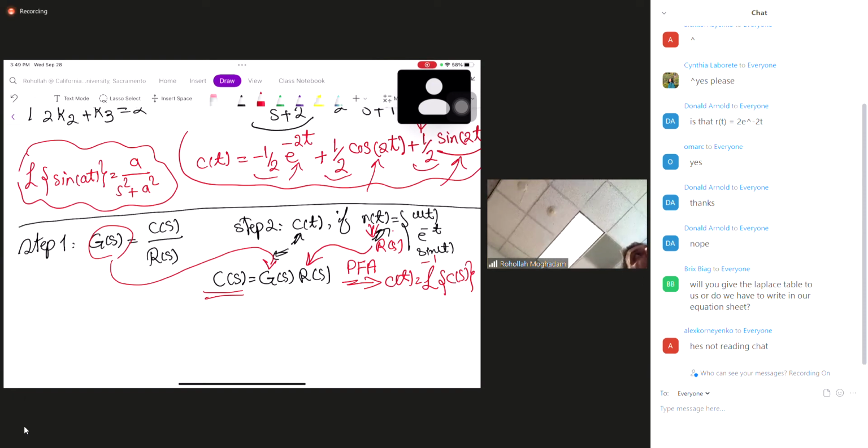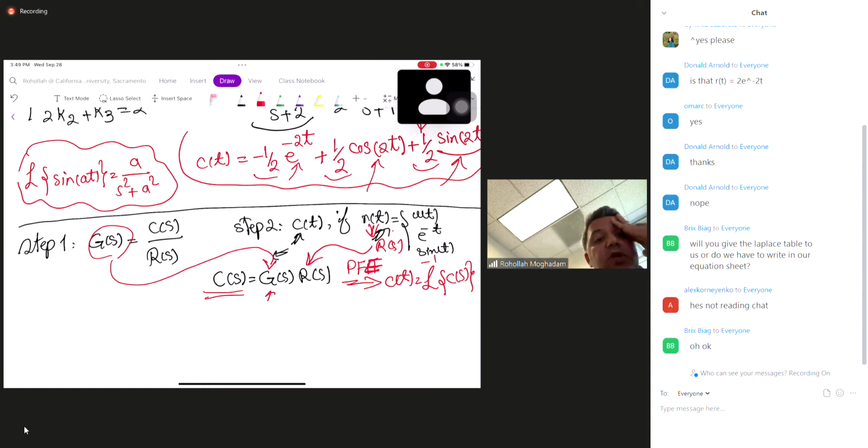So you cannot multiply the functions, take the inverse Laplace of G of S and R of S and multiply them together, all right?